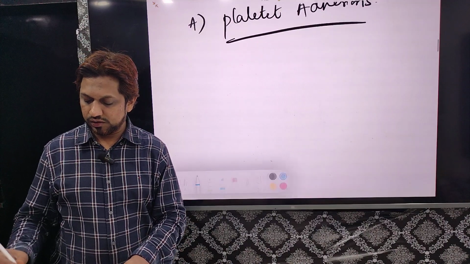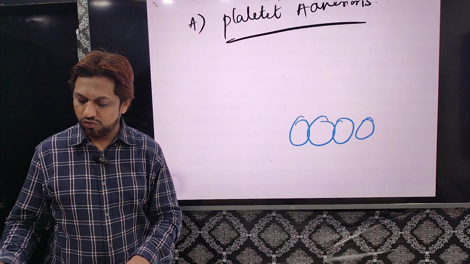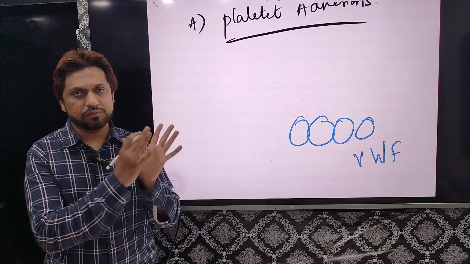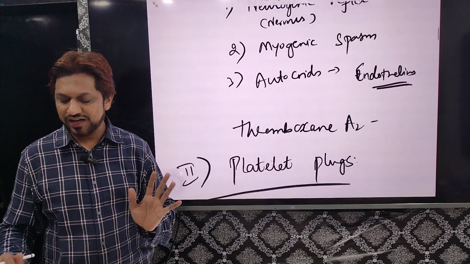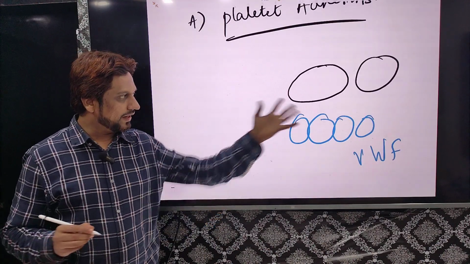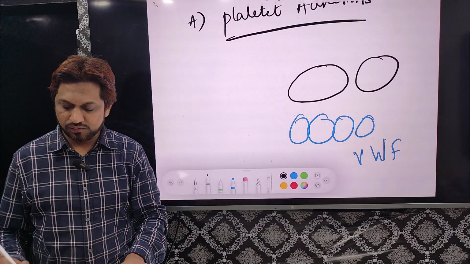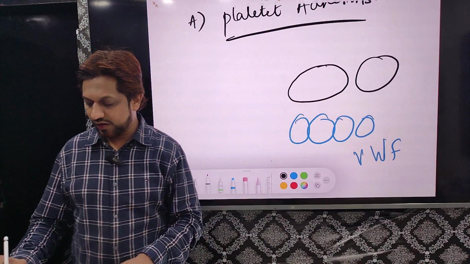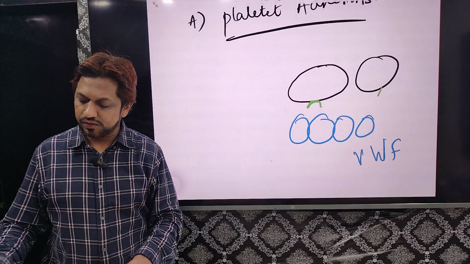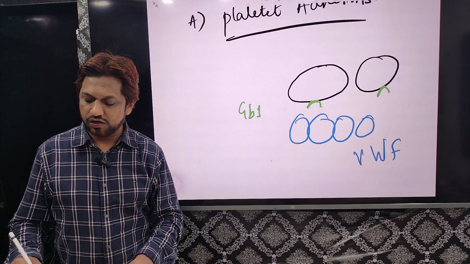So let me describe here. Consider these blue colored molecules are the von Willebrand factor proteins, which are released from the platelets, and also are present in the plasma, which leaks out to the site of the damage, and these black colored cells are the platelets. Now on the plasma membrane of the platelets, there are certain receptors, mainly glycoproteins, known as glycoprotein 1b.